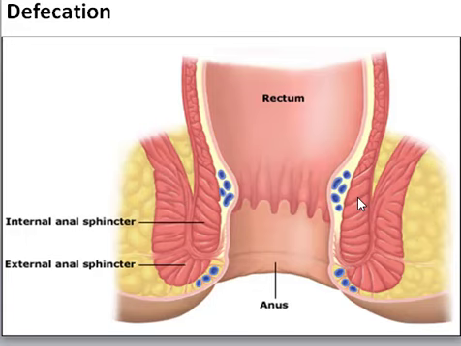If defecation is not desired, the external sphincter can close the anus and prevent defecation, while when defecation is desired, it needs relaxation of the external sphincter, contraction of the abdominal muscles, and relaxation of the pelvic muscles.